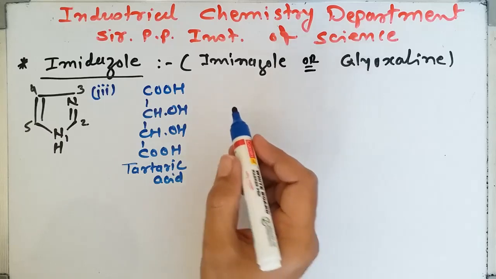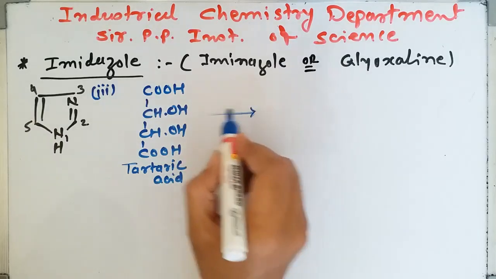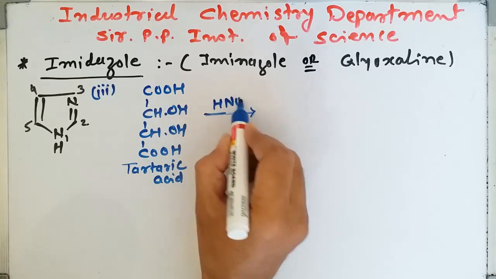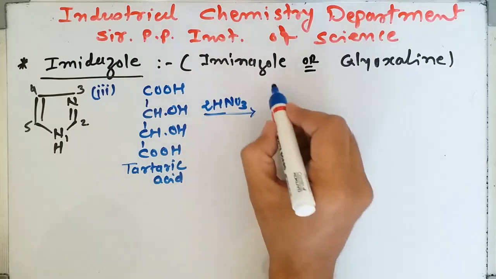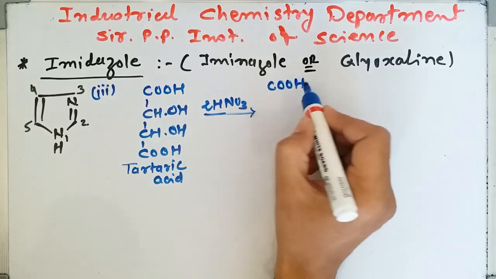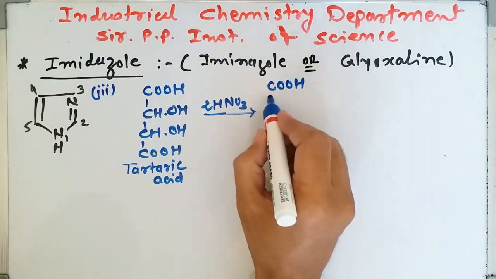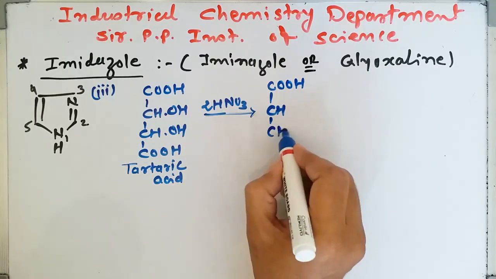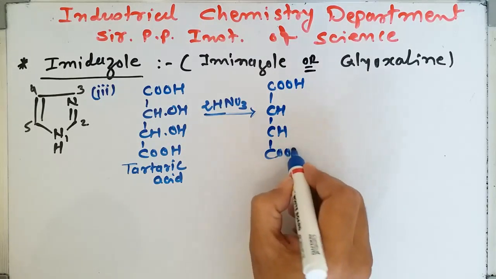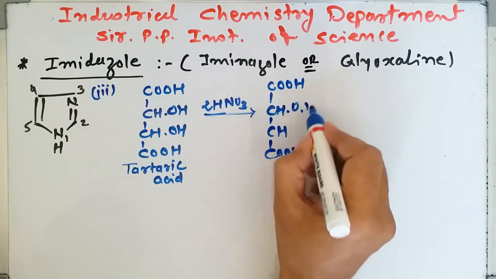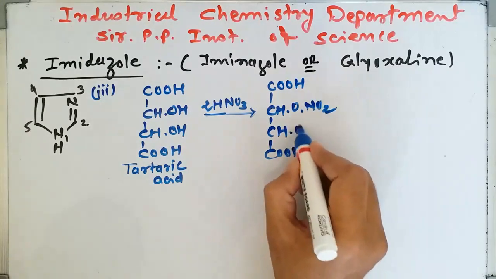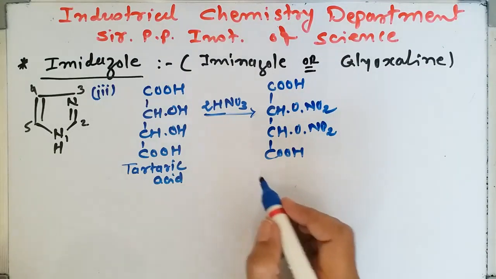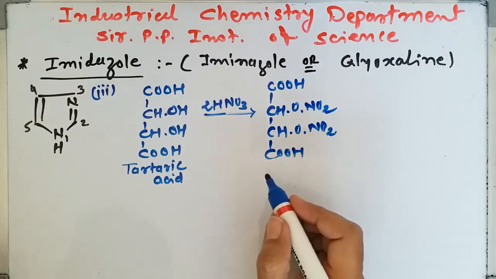Tartaric acid is treated with 2 moles of nitric acid, then the dinitrate of tartaric acid is obtained.